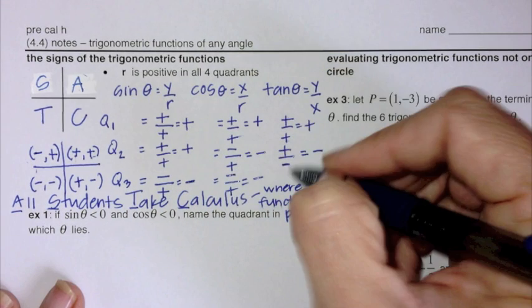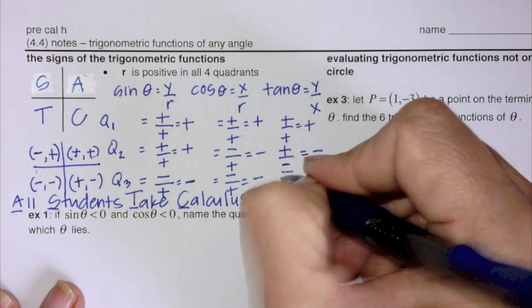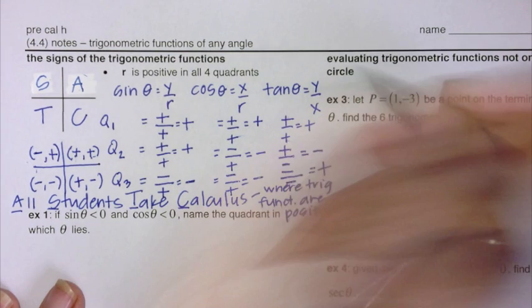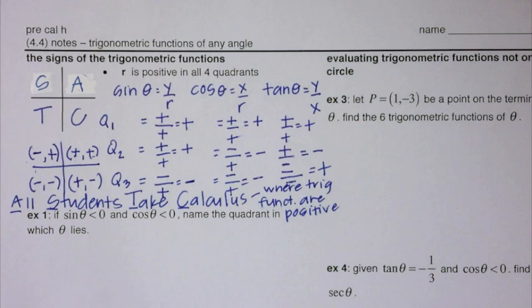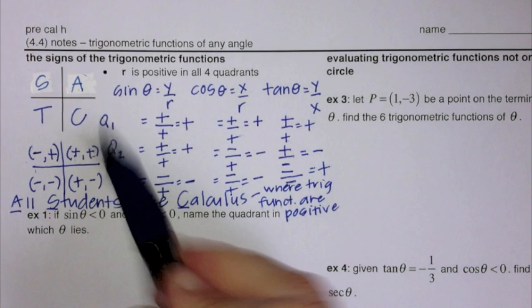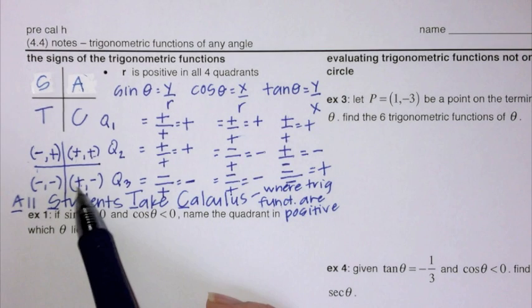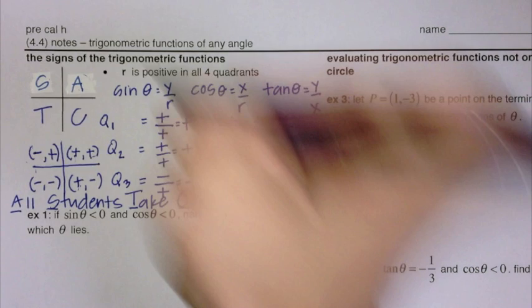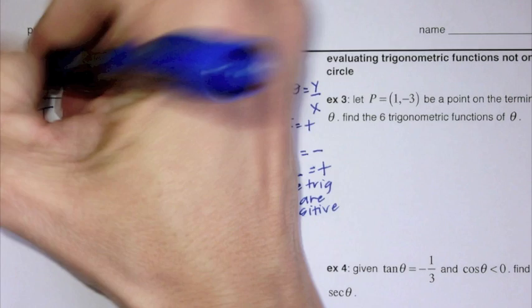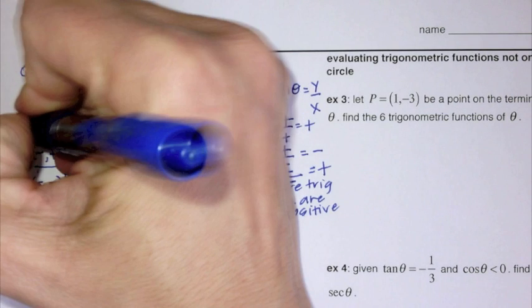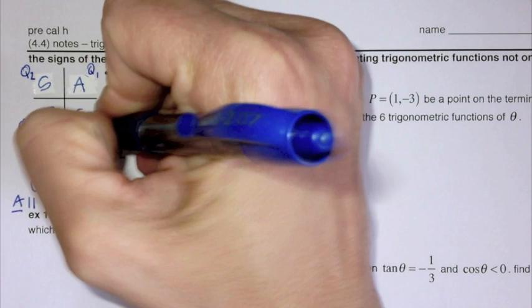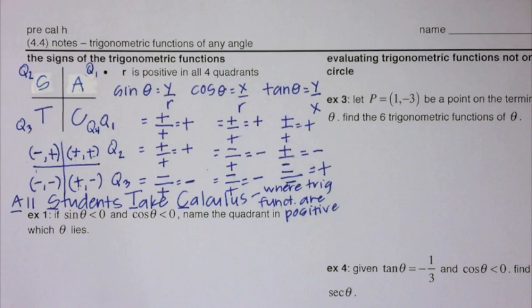But when I come over here to do tangent, a negative divided by a negative equals a positive, and that's why tangent is positive there. And the same thing happens where cosine is actually going to be positive in quadrant 4. So let me just remind you, this is quadrant 1, quadrant 2, quadrant 3, and this bottom one is quadrant 4.